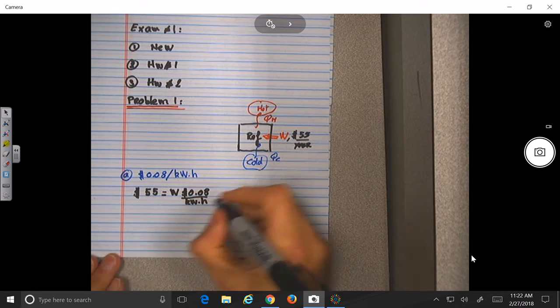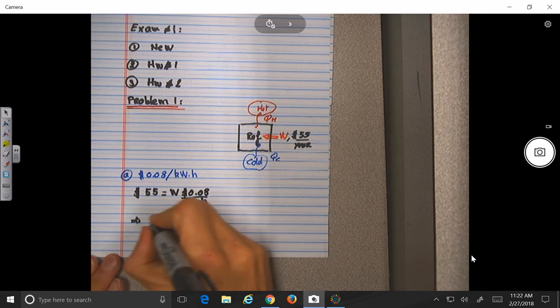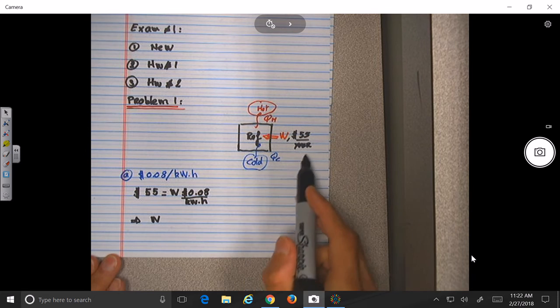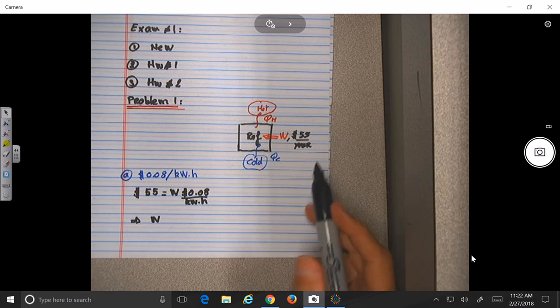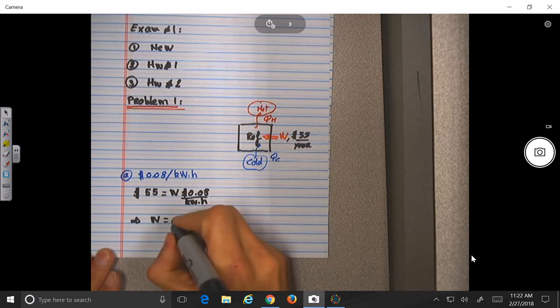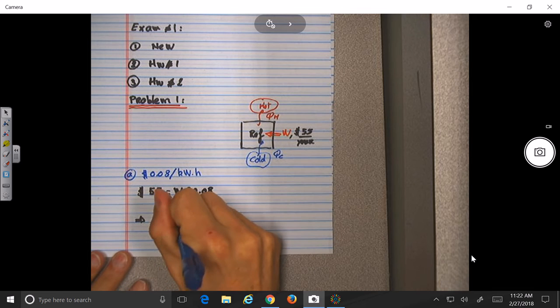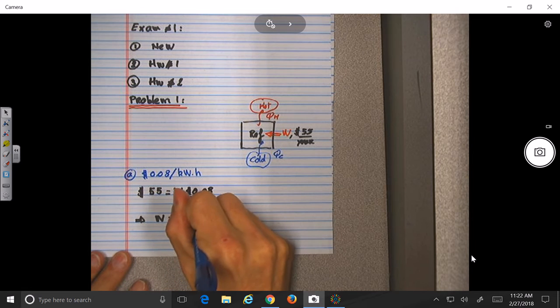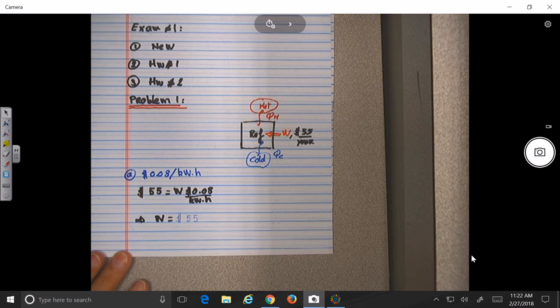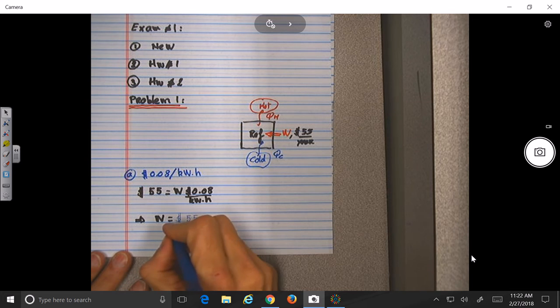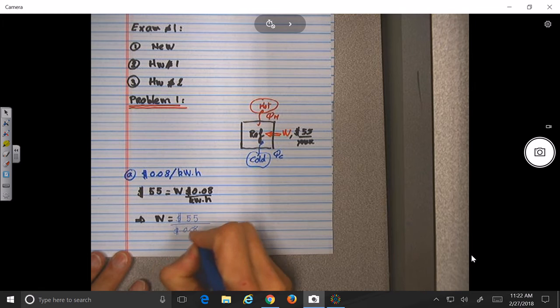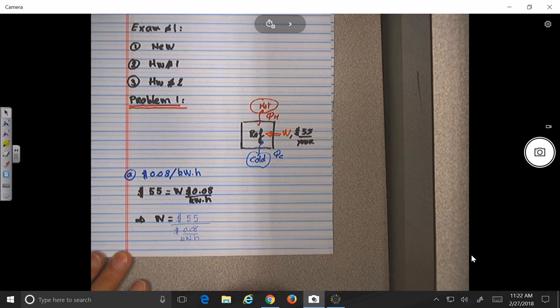So the amount of energy in kilowatt hours you need to put into the fridge will be the $55, since I'm solving for this one, divided by the 0.08 per kilowatt hour.